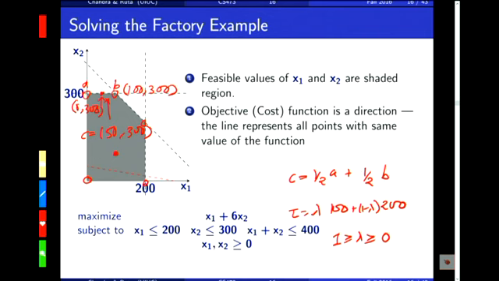The upper bound is 200, and it is achieved when you set lambda to 0.